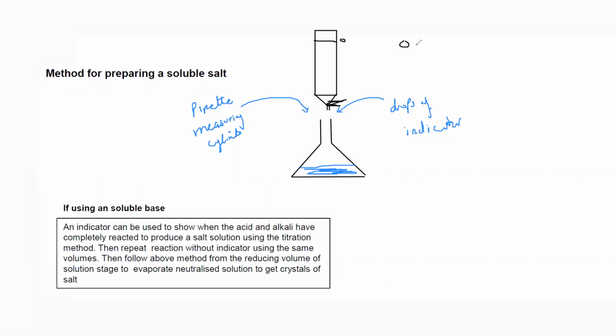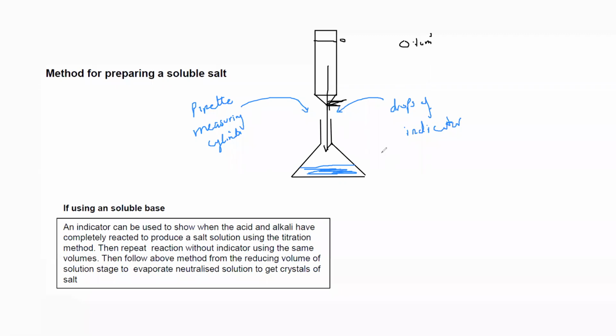The smallest value which a burette can read is 0.1 centimeter cube. So when you open the tap, alkali is added to acid. Once all of the acid is used up, the solution becomes alkaline. So as the solution becomes alkaline, you will identify at what volume the acid reacted with the alkali.